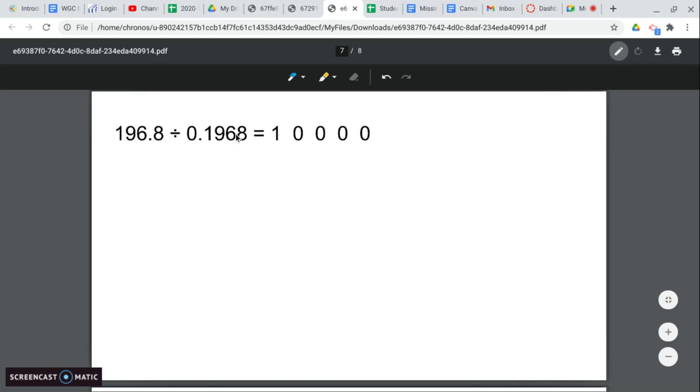When we divide these, it's all about how many times we had to move the decimal to get from this one to this one. So 1, 2, 3. That means we're going to be in the thousands. When your numbers are the same and the decimal's just in a different place, it's all about place value. Figuring out how many times the decimal moved, that's what our quotient is: thousands, hundreds, tens, and so on.